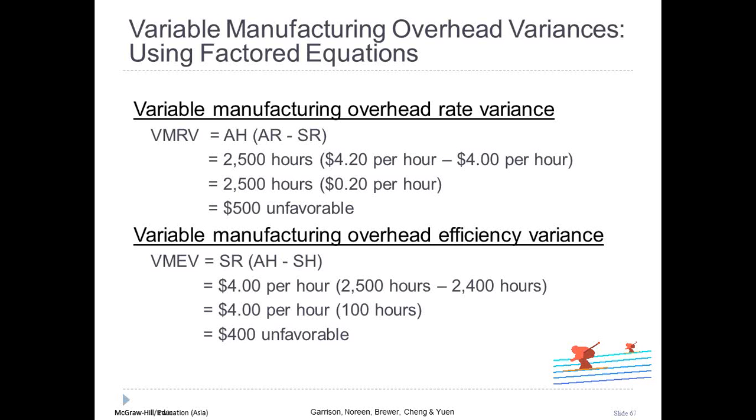To calculate variable manufacturing overhead variances of Hansen Inc., we can apply the same formats as the labor variances. The actual expense of $5,115 is $465 more than the actual hours incurred at the standard rate. The unfavorable rate variance is caused by the actual and standard rate differences.